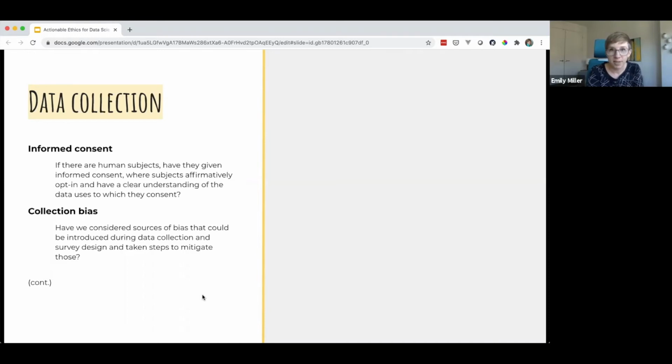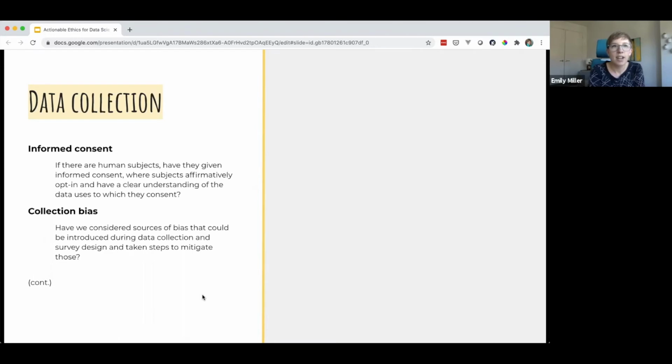Secondly, we have collection bias. This asks, have we considered the sources of bias that could be introduced during data collection and survey design and taken steps to mitigate those? So there's a lot written about how we think about designing representative samples in the statistical literature. And this is, of course, really important, but this also goes beyond that, right?